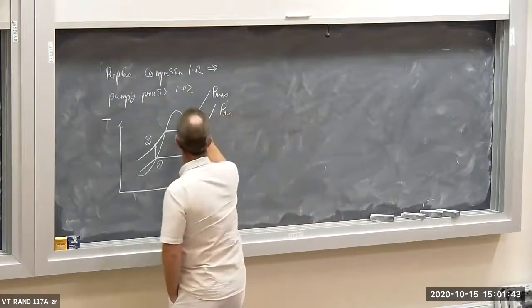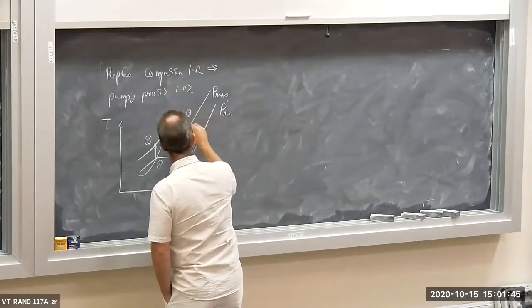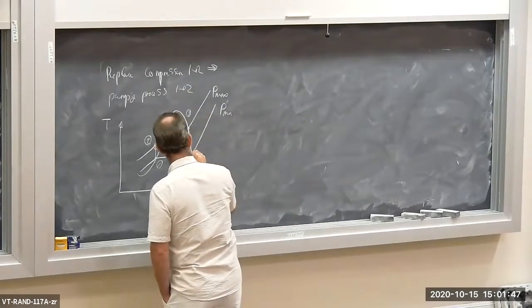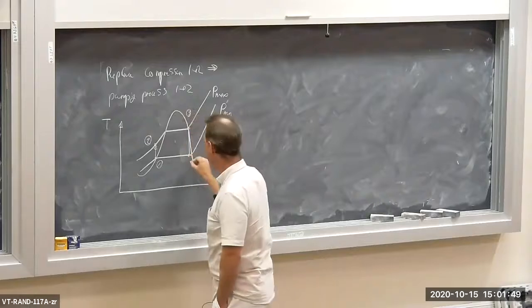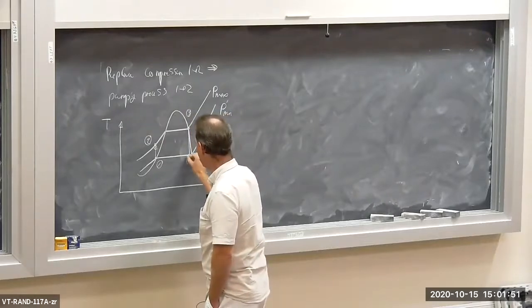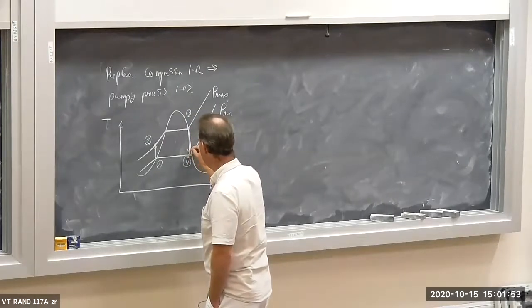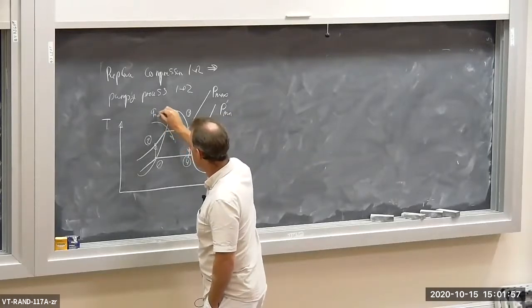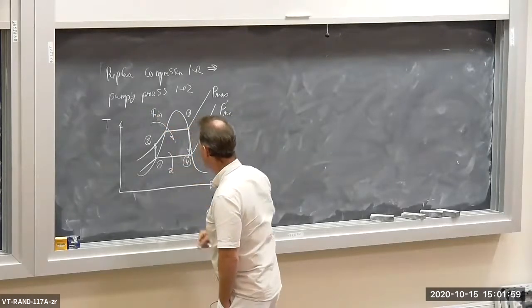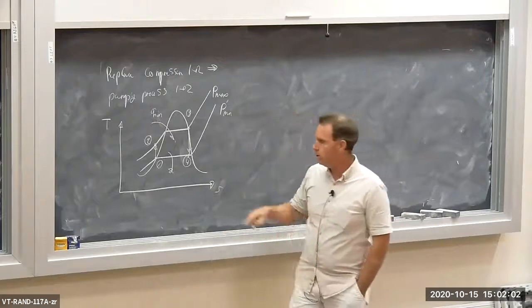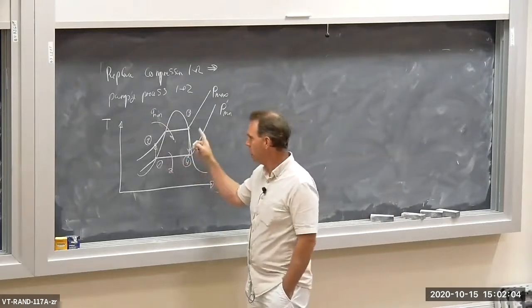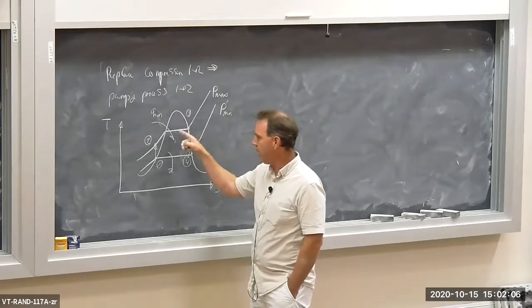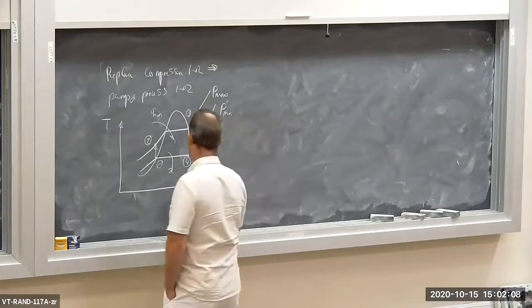So this is state 3. And then we expand the saturated vapor to a saturated mixture in a turbine at state 4. So we're adding heat, Q in, doing pump work, turbine work, adding heat, rejecting heat, 4 to 1.